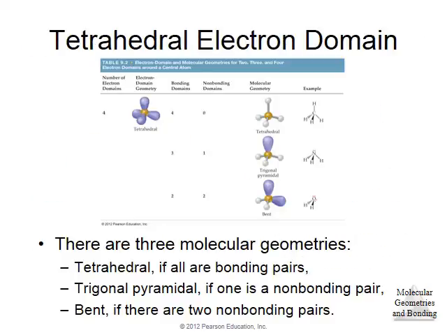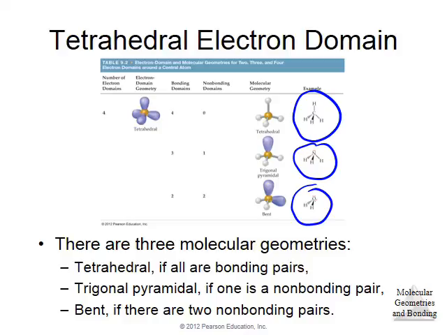Tetrahedral electron domain, you can see here tetrahedral electron domain. I already mentioned all these examples. The first one is methane, then ammonia with 1 pair of electrons sitting on nitrogen, and then water with 2 pairs of non-bonding electrons sitting on oxygen.